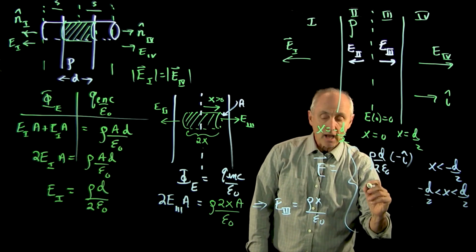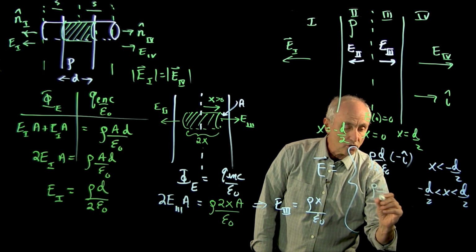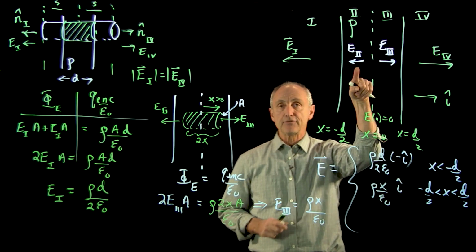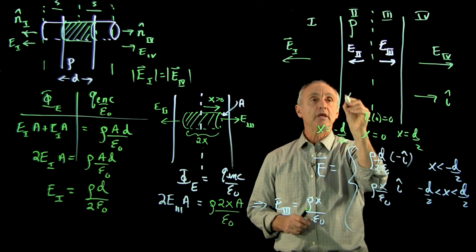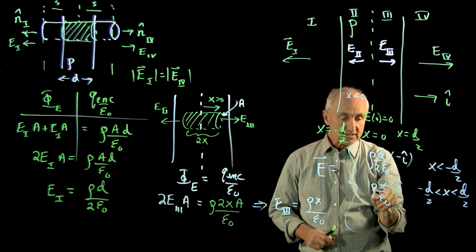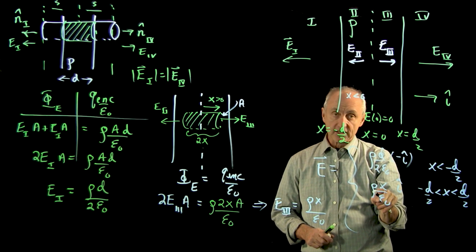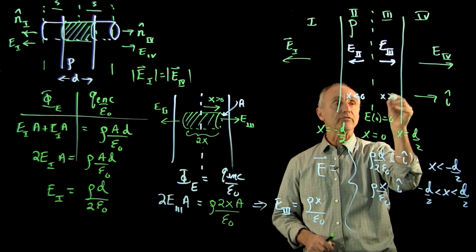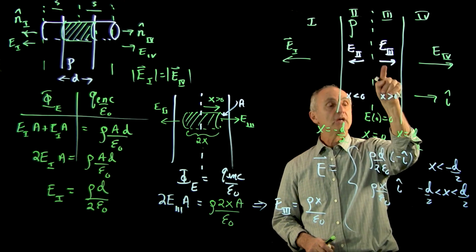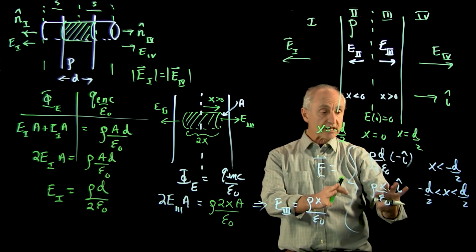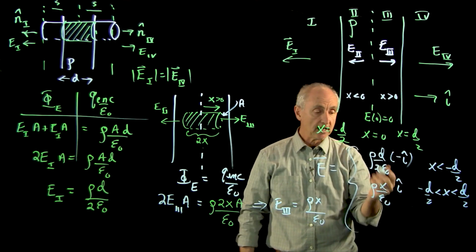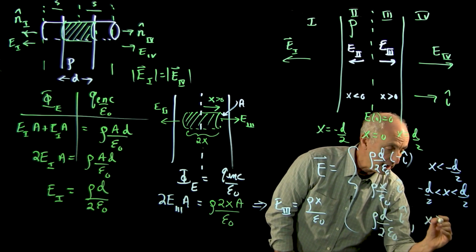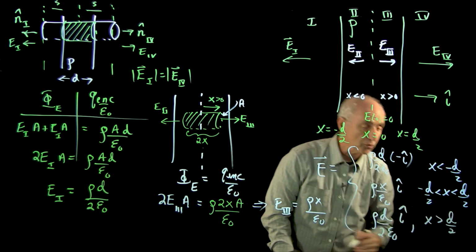Inside the slab, I'm going to write my electric field as rho x over epsilon naught i hat. And you may think, wait a second, it's pointing in a different direction for negative x over here. But when x is negative, it's in the negative i hat direction. And that's precisely the way the field points. When we're on the positive side and x is positive, it's pointing in the positive i hat direction. So this expression handles the field in that region. And finally, we have rho d over 2 epsilon naught i hat when x is bigger than d over 2.